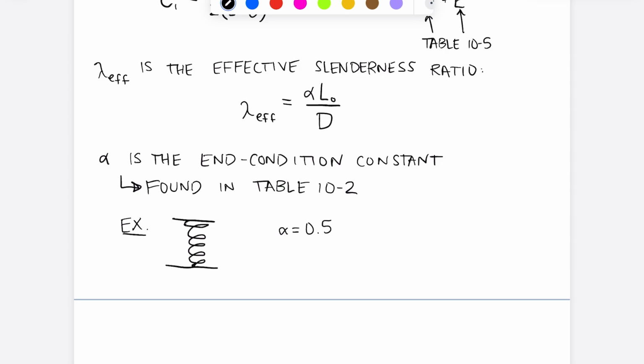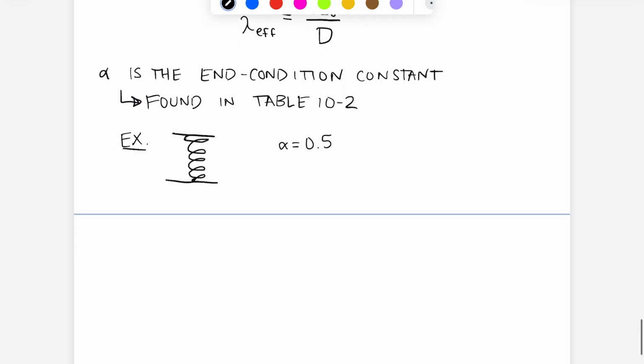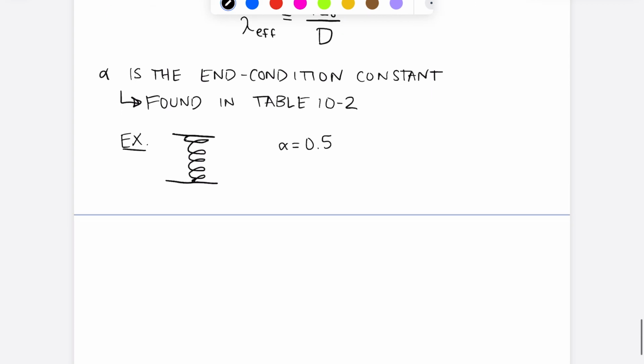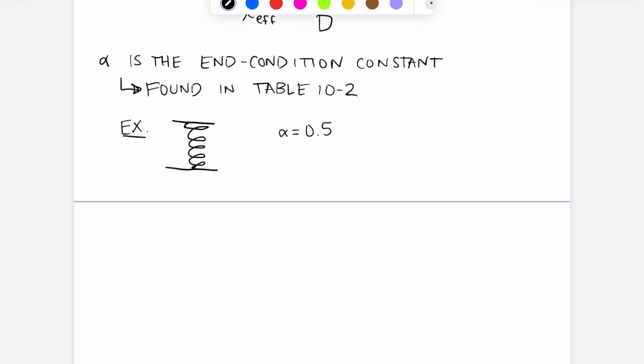Okay, so something that we would like to understand is when we have absolute stability, meaning that there is complete resistance of the spring to buckling. And we have an equation that allows us to predict when that will happen.